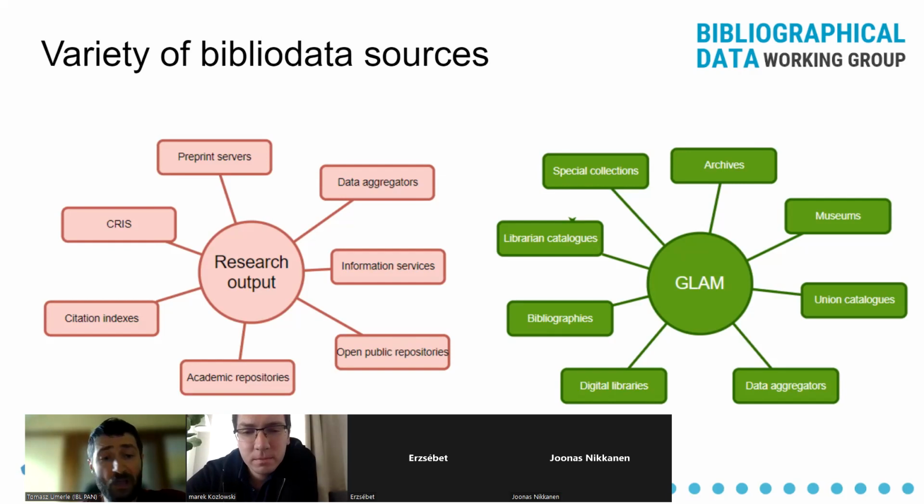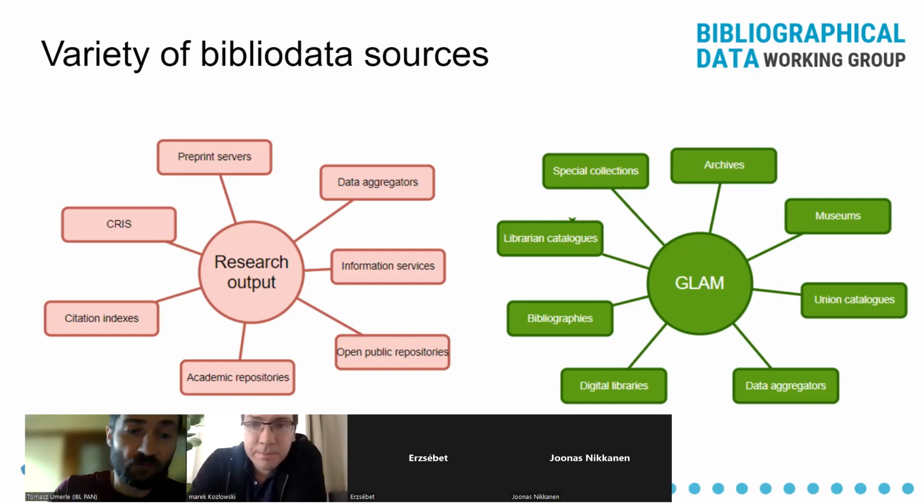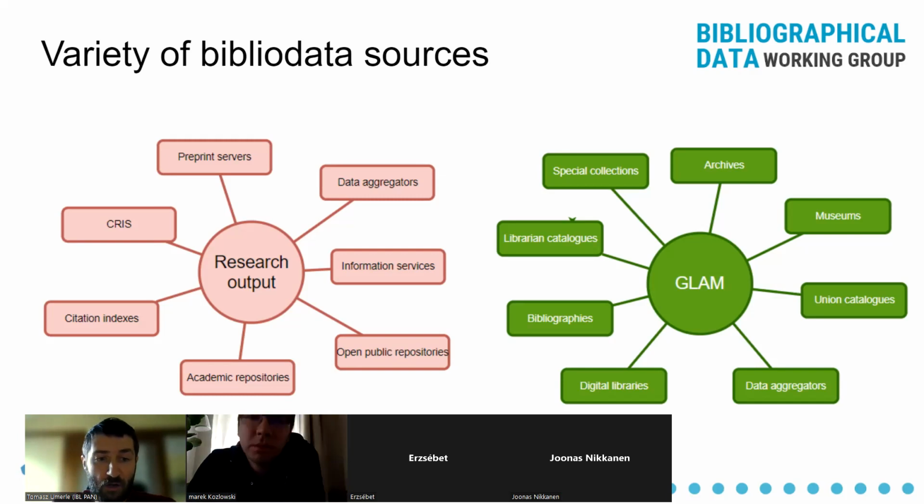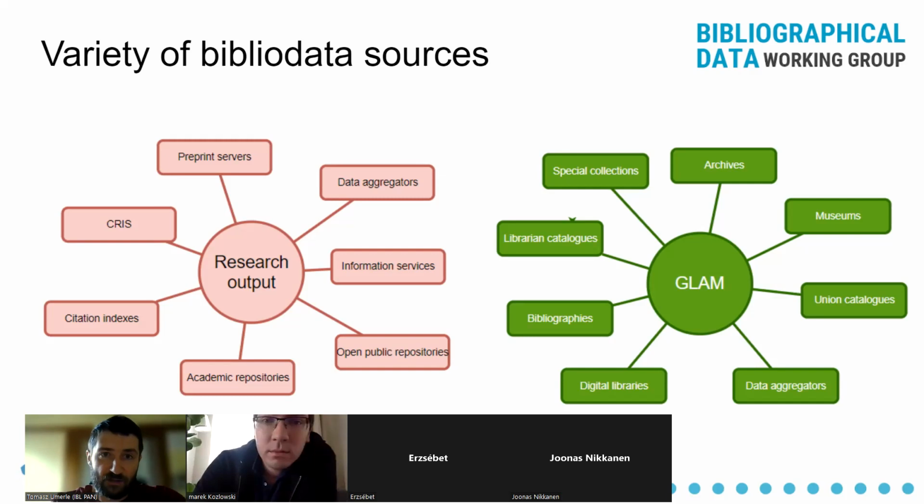On the other hand, GLAM has its key pieces of infrastructure, like library catalogs, bibliographies, union catalogs, of course archival and museum infrastructures, and digital libraries. What is characteristic for the humanities is that both types of infrastructures are equally important for any kind of humanities research and advanced curation.